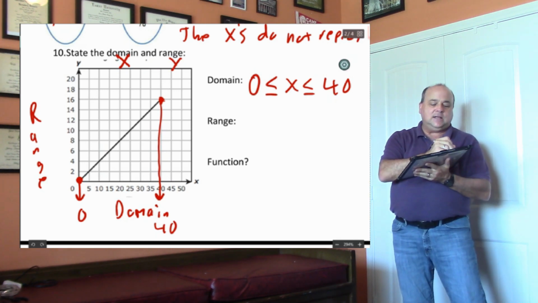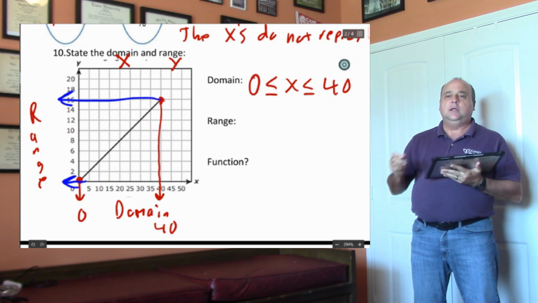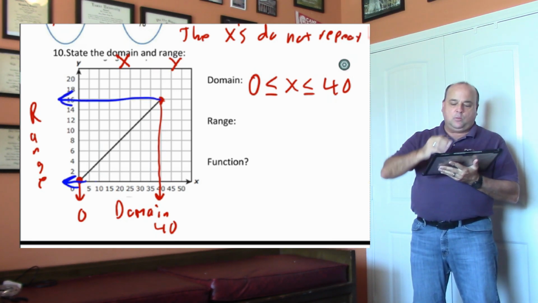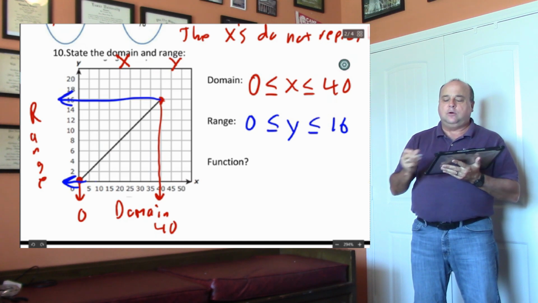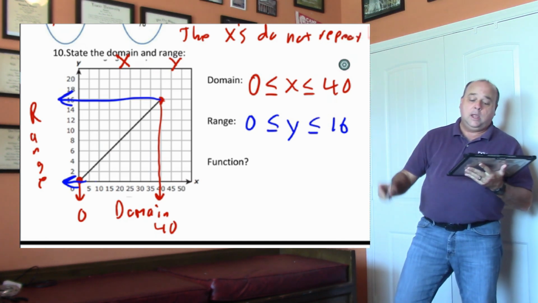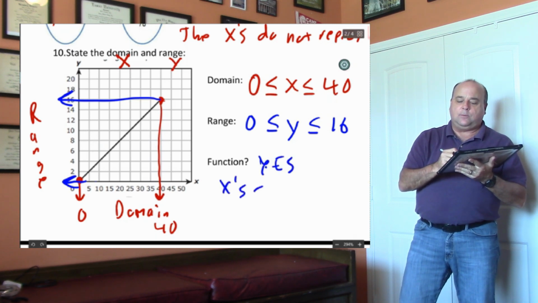Now then, the y's, or your ranges, would go from here to here, wouldn't they? So from bottom to top, it would go from 0 to 16, would it? It would not be x, it would be y, and we would use our less than or equals. Is this a function? Yes, because x's do not repeat.